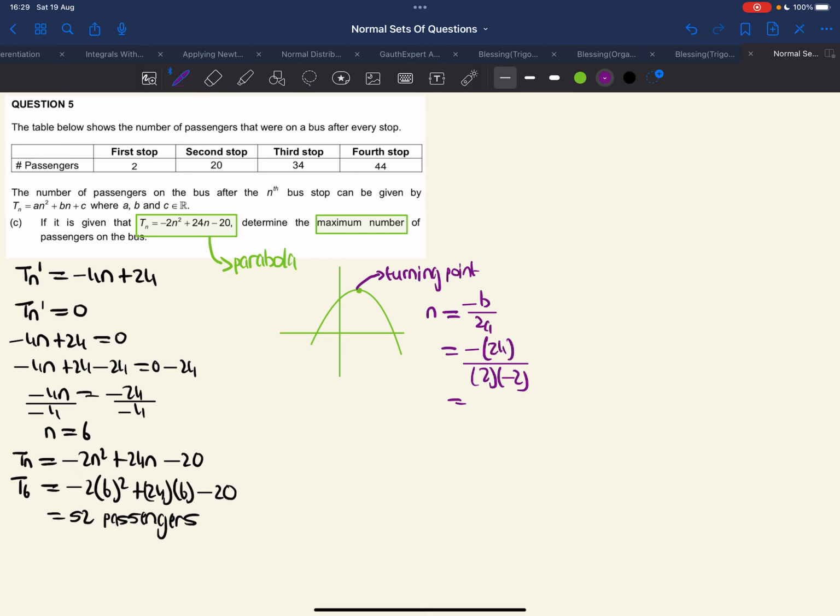If you put it in the calculator, you should get the same answer: n is 6. Then all you have to do is the same thing: substitute this n back into the original equation, and you should get your maximum number of passengers on the bus. Alright.